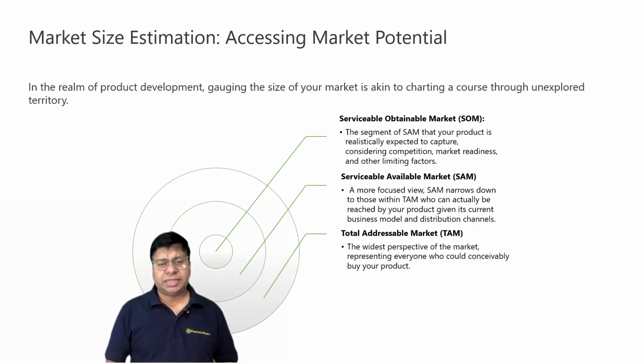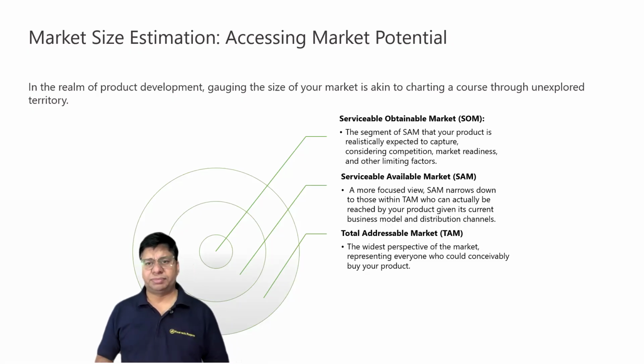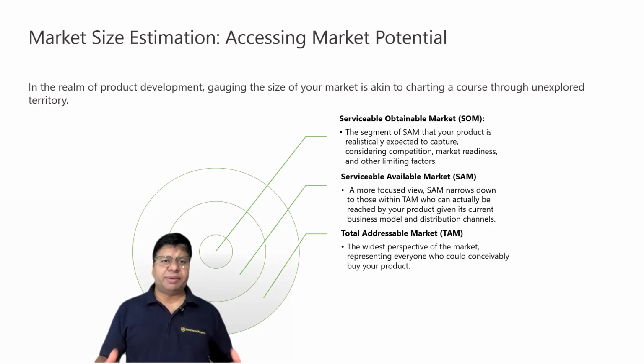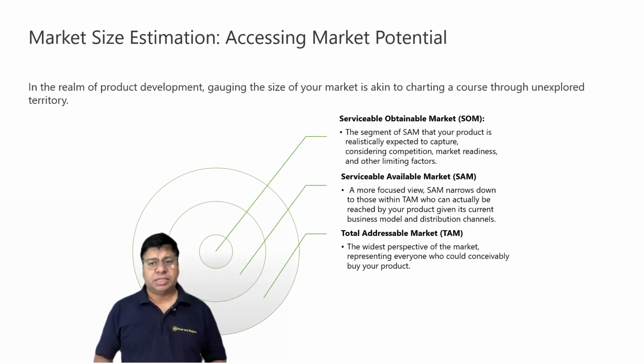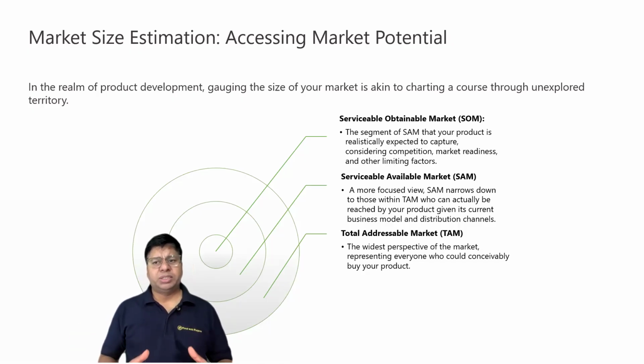But in a real scenario, you cannot sell to everyone practically. So the second is serviceable available market. The portion of TAM, total addressable market, you can reach based on your current model. Think of this as your reachable universe.